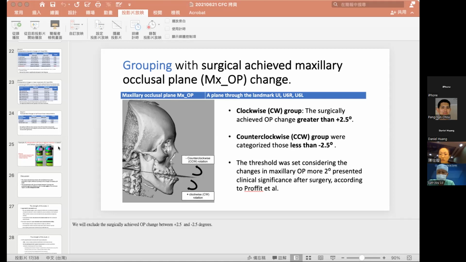Thank you, Dr. Huang. According to the grouping, we are using the maxillary occlusal plane changes, so there is no specific rotational pivotal point.